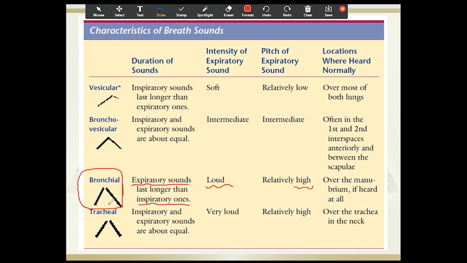These bronchial sounds are basically heard over the upper part of the sternal bone, the mandible area. Normally we can hear this kind of sound there. So that's more loud.